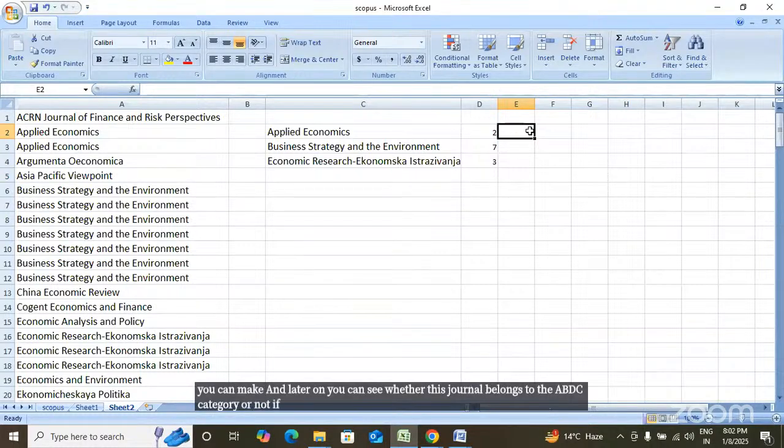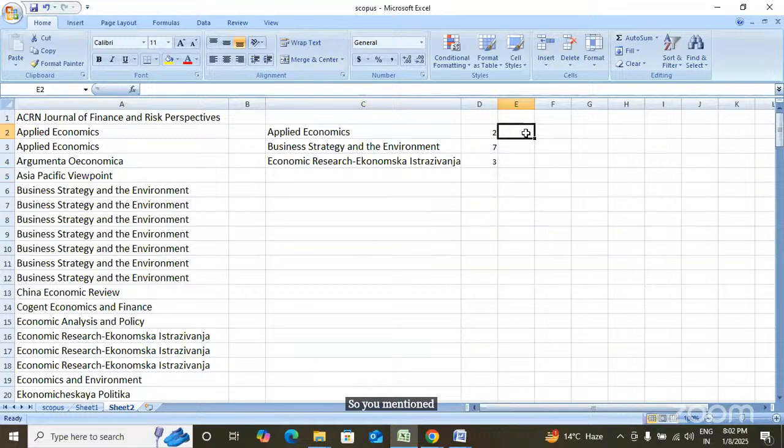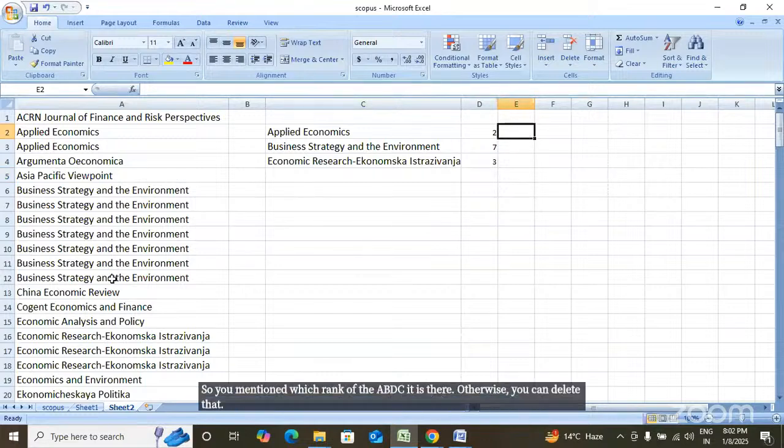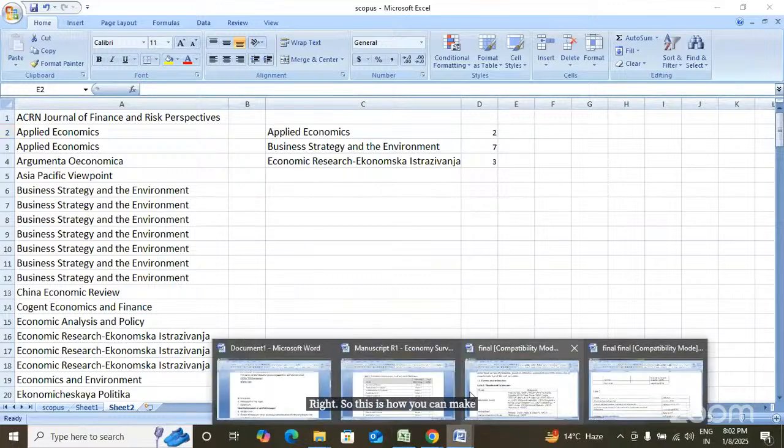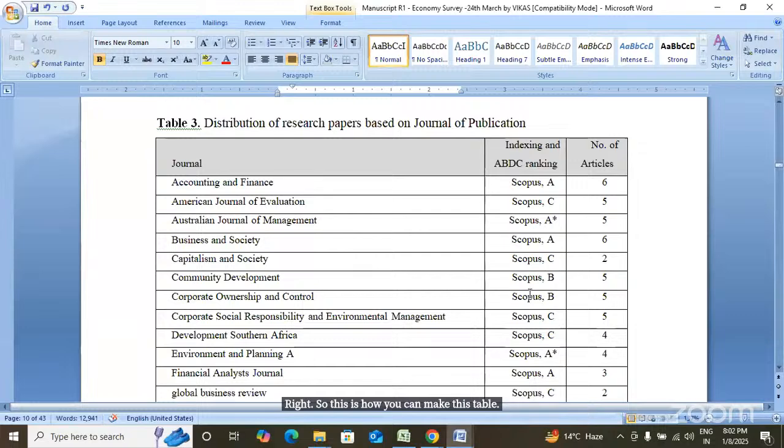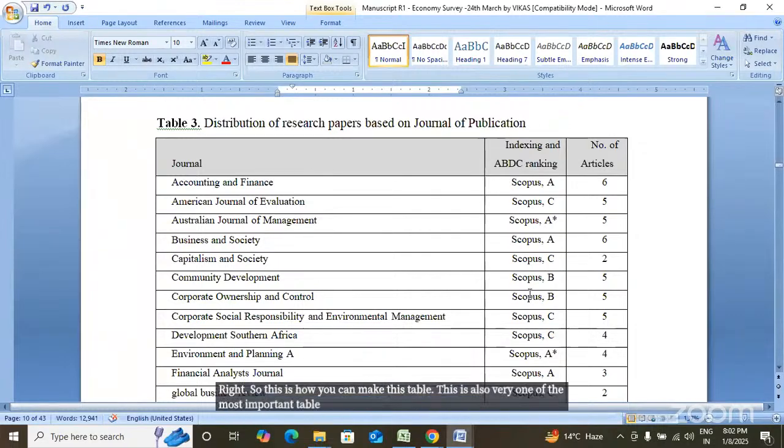If it belongs to the ABDC category, you mention which rank of the ABDC it is, otherwise you can delete that. This is how you make this table. This is one of the most important tables, because it tells the reviewer or the editor that you have selected high quality papers for your SLR.